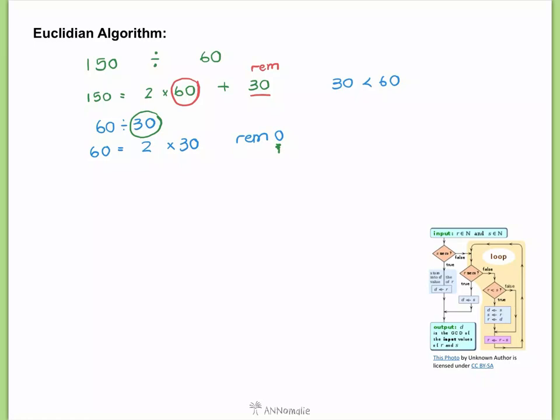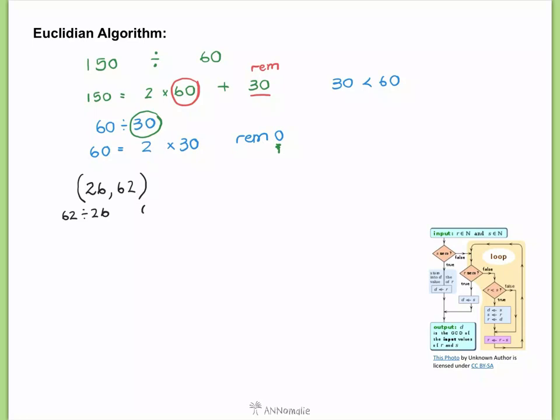Let's look at two numbers where it's slightly more complicated. So we are going to take the numbers 26 and 62. We're looking for the highest common factor of 26 and 62. Round brackets as the correct notation. And we start off by dividing 62 by 26.